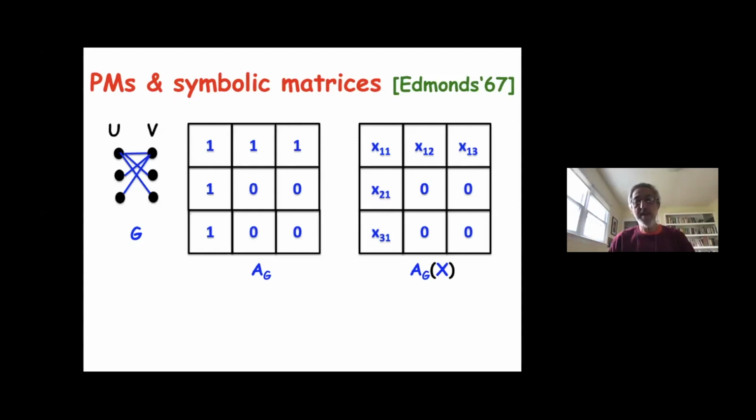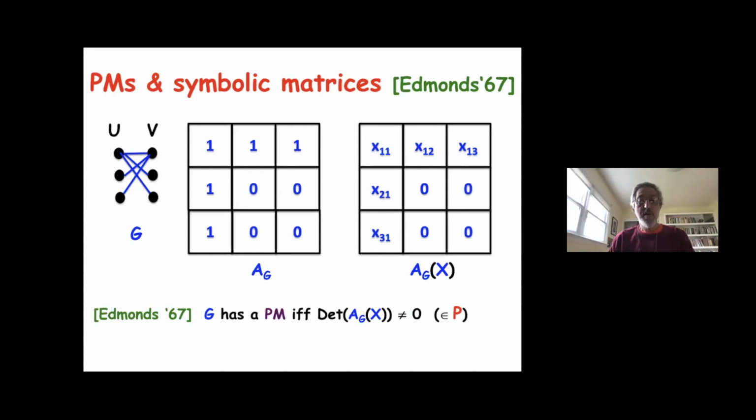They never repeat. And once we do that, this is already a symbolic matrix, H_G of x, of these variables. And his observation, which is again simple, is that the graph has a perfect matching if and only if the determinant of this matrix, which is a polynomial, is not identically 0.